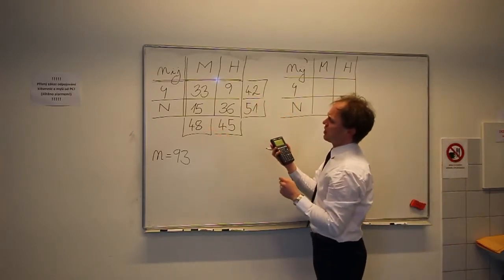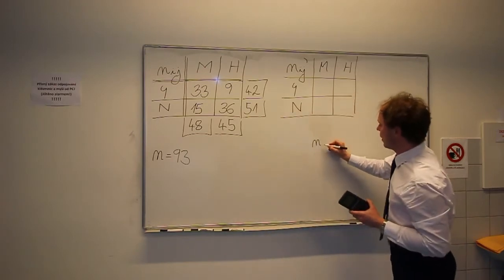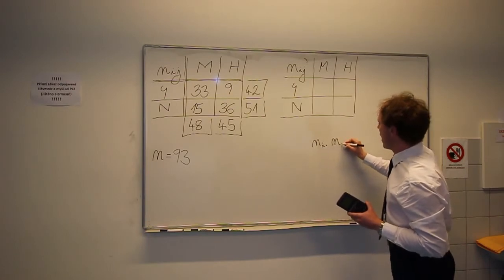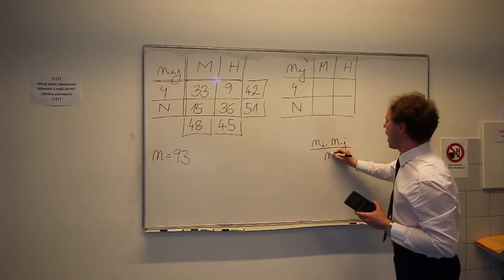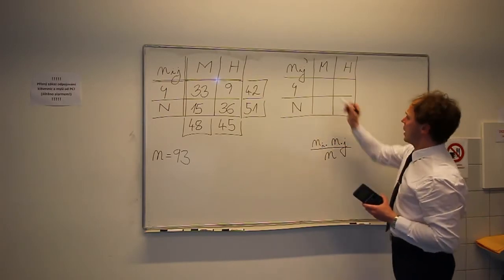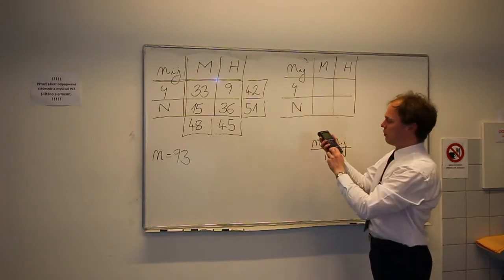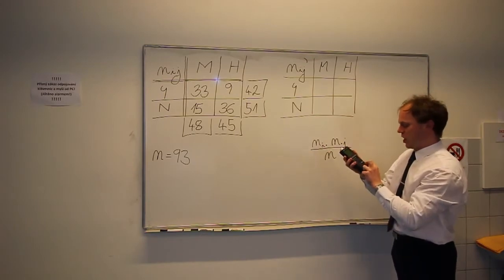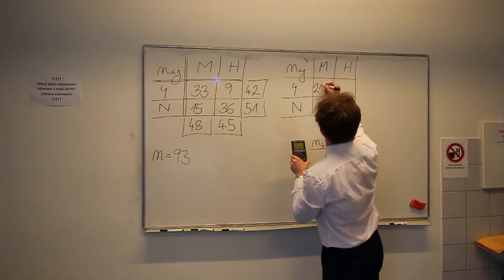Okay, so we will calculate these frequencies: n i dot times n dot j divided by n. Here, 42 times 48 divided by 93 is 21.68.